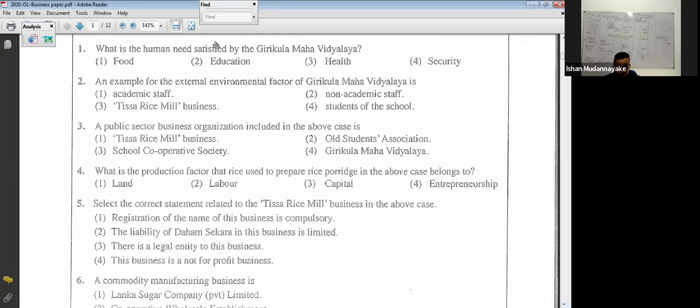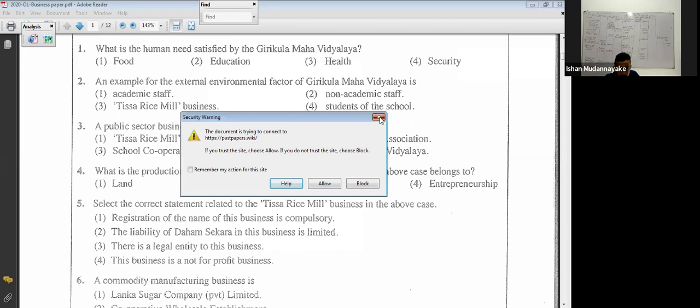The third one is the answer. Why? Capital. The rice was prepared by humans, therefore it belongs to capital. It is a human-made item.